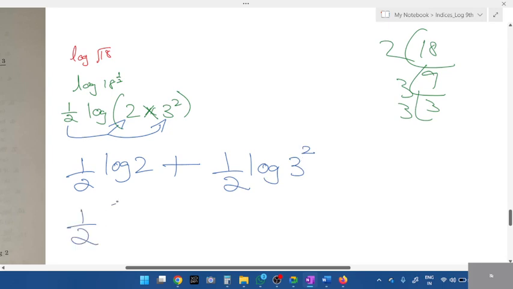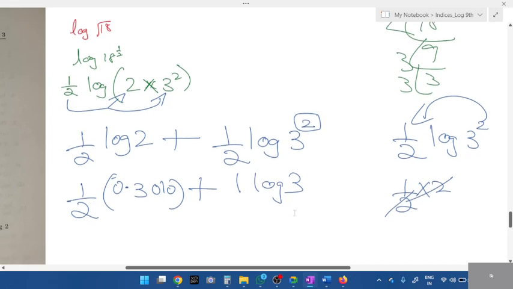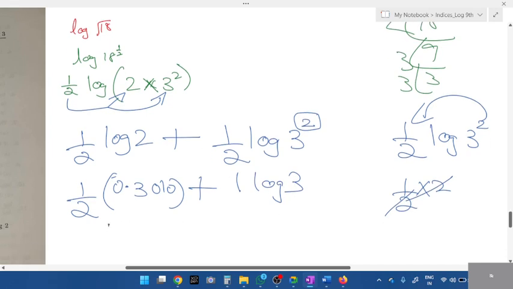Next, 1 by 2. What is the log 2 value? 0.3010 plus. Now I don't need this 2. What happens to 2? When you multiply with 1 by 2, what do you get? 1 log 3. What is 1 log 3? 1 into log 3, right?